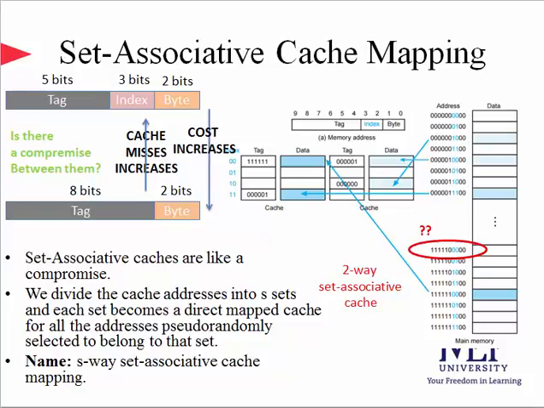The solution is to have S different sets. In other words, we divide the cache address space into equal size sets, and for each set we apply direct mapping. Therefore, the index size and the number of sets can be jointly determined depending on the cost that can be tolerated and the required performance, of course.